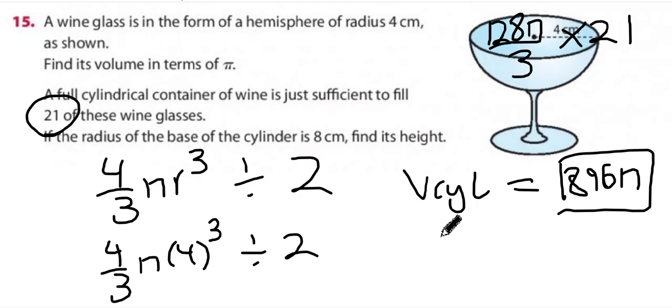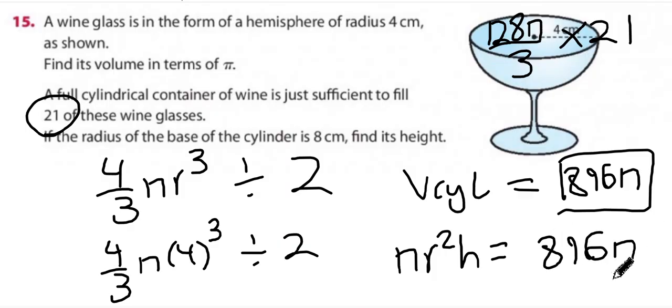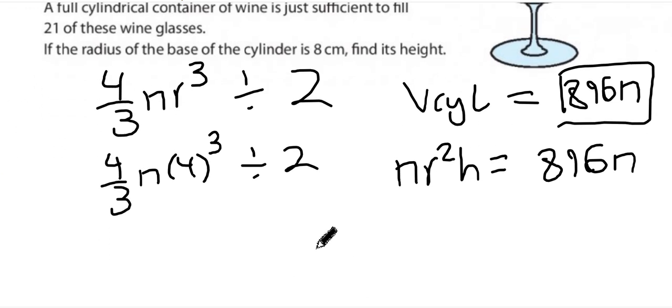Now, what is the volume of a cylinder formula is the next thing we're going to ask you. Pi r squared h equals 896 pi. And what's the radius of the base? The radius is 8, isn't it? And somebody said I could just take away the pi. I can.